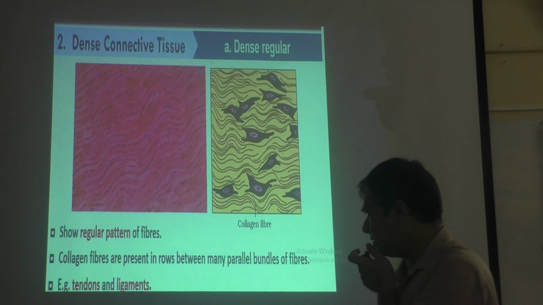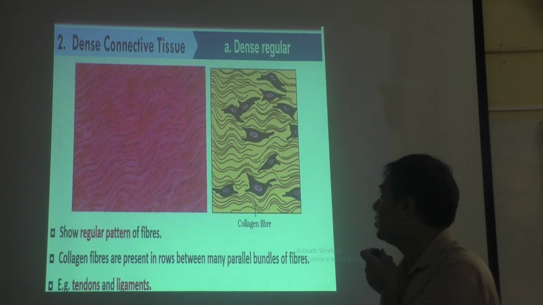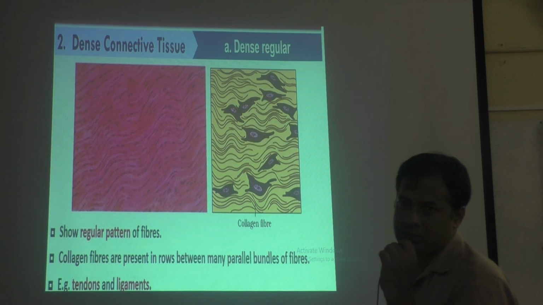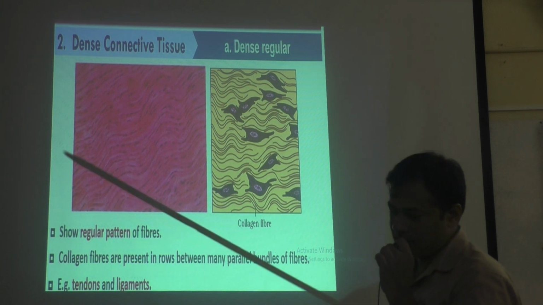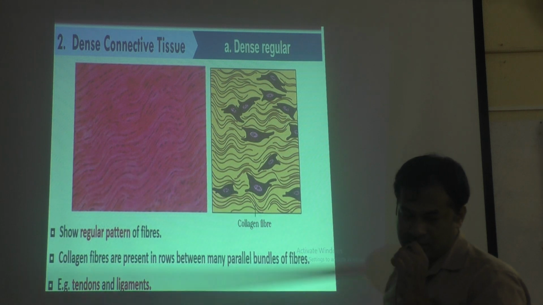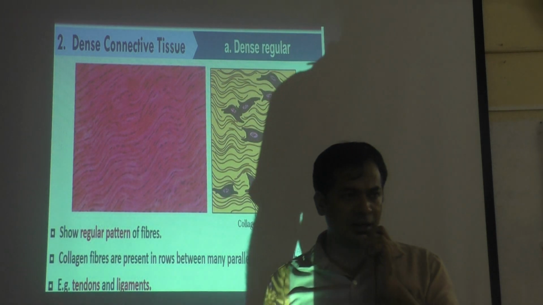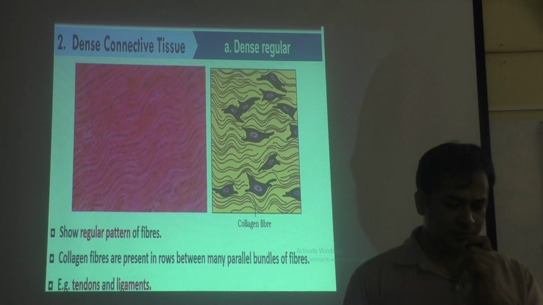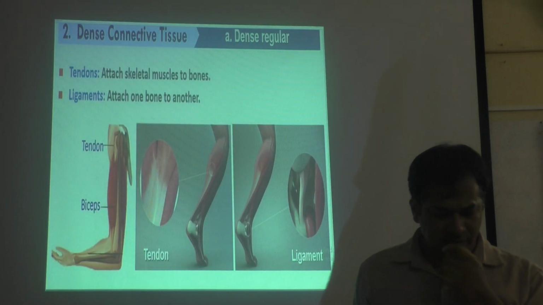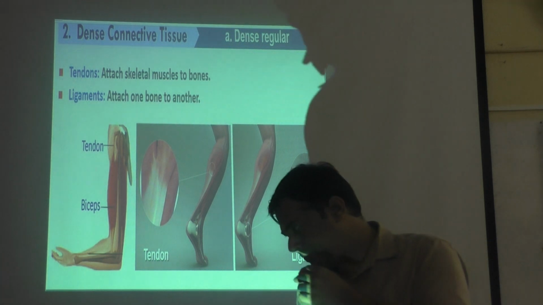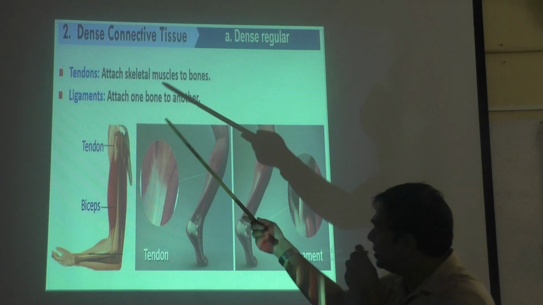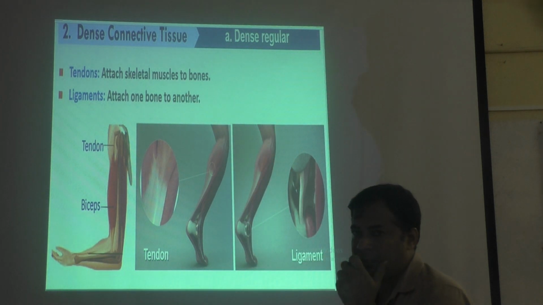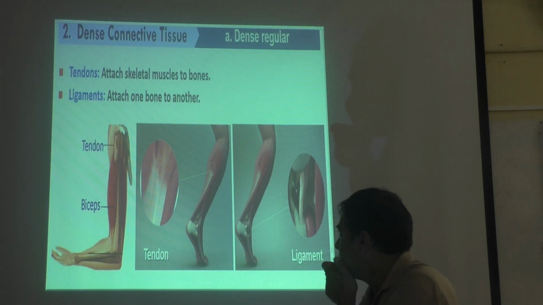So examples for dense regular connective tissue are tendons and ligaments. What are these tendons and ligaments? We are learning that next in the chapter Locomotion and Movement. Anyway, here you can see once again. Tendons attach muscles to bones. Skeletal muscles are attached to bones with the help of tendons.